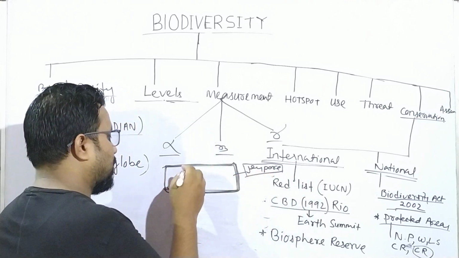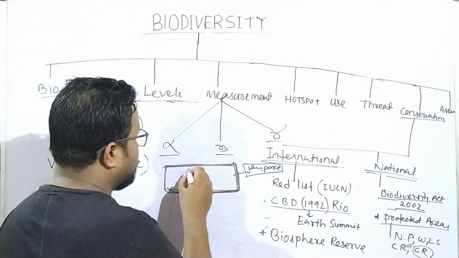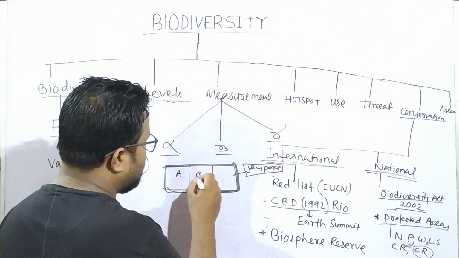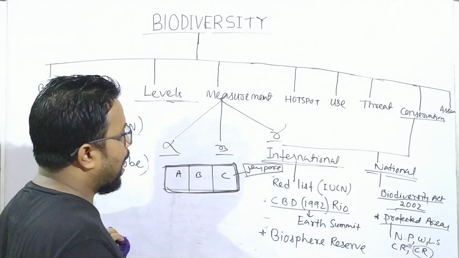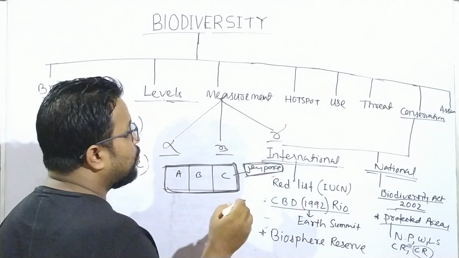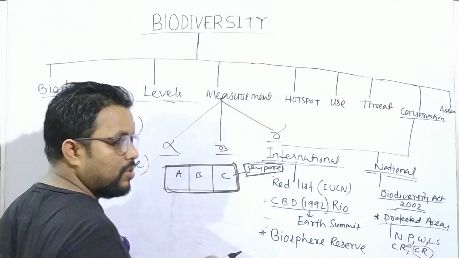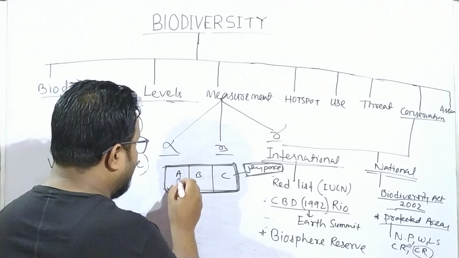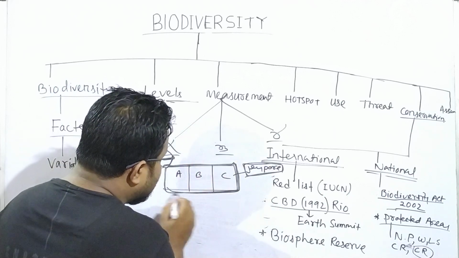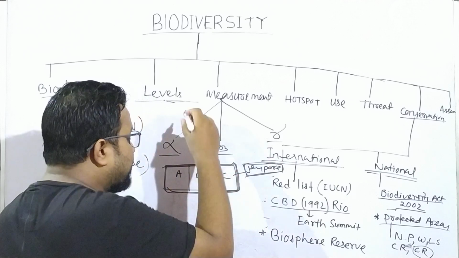I am dividing this Jaipur forest ecosystem into 3 parts: A, B and C. This is a single forest ecosystem, but I am dividing it into 3 parts.